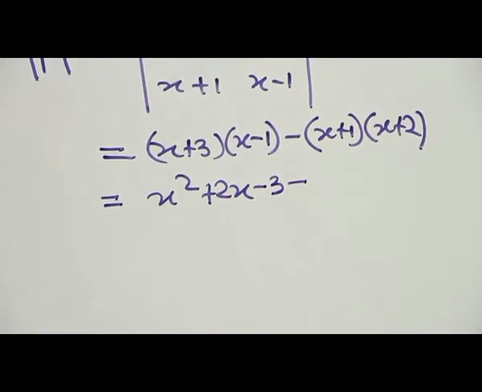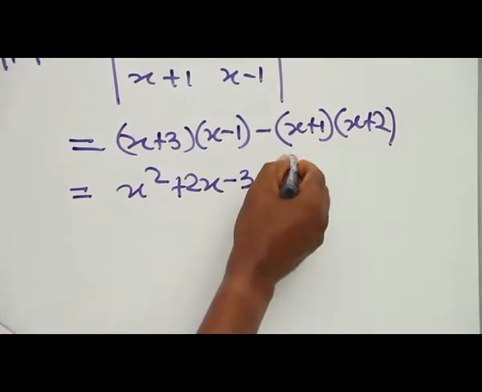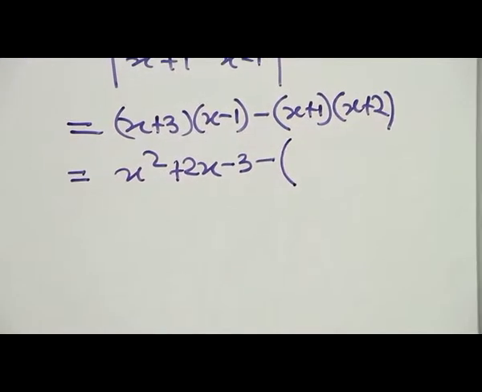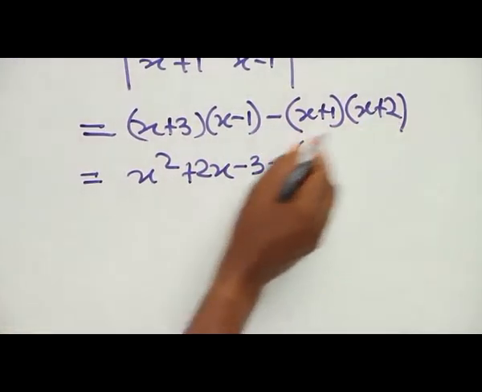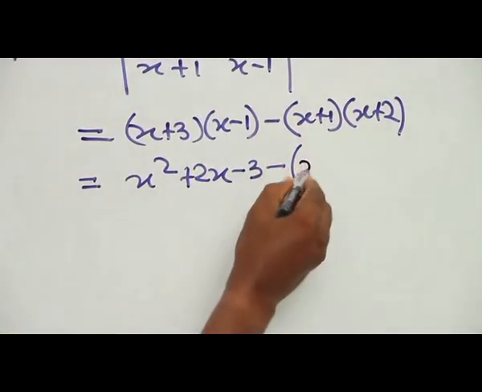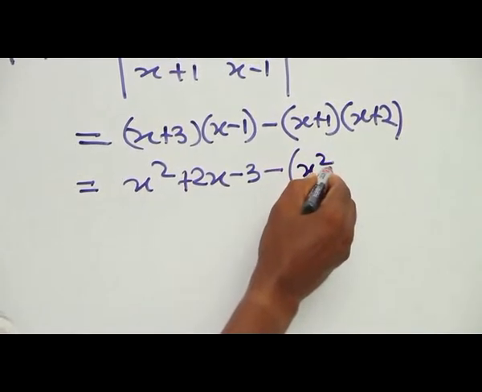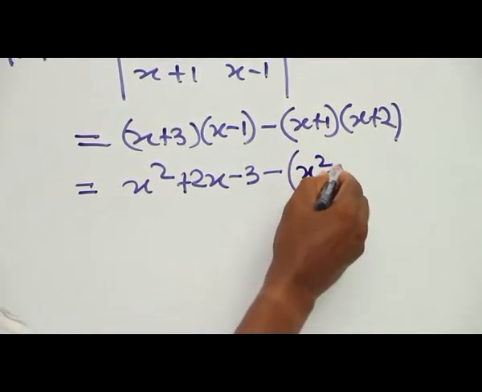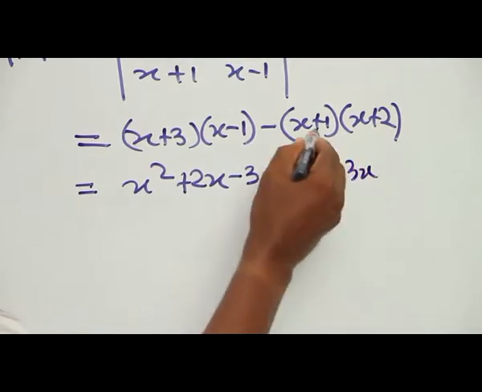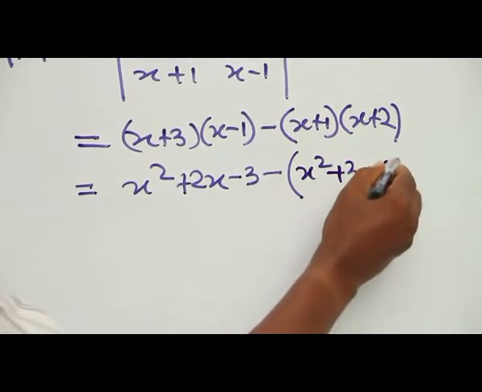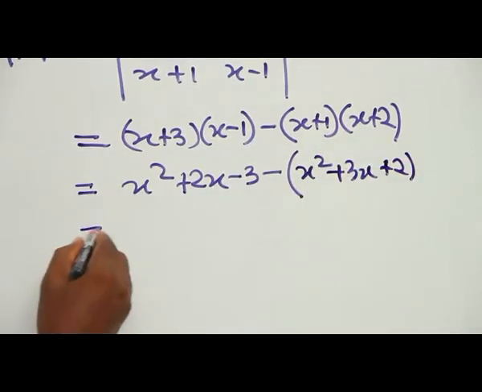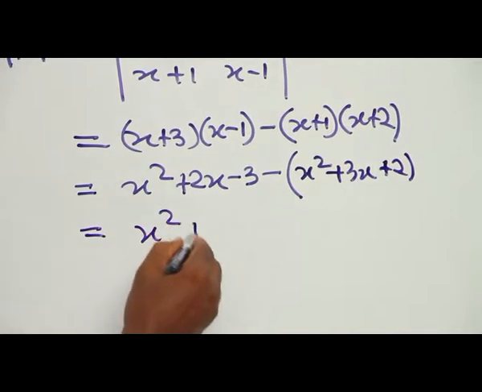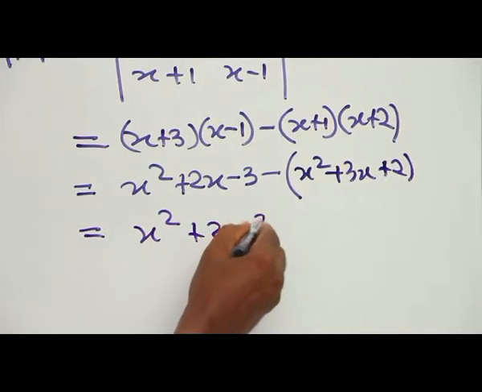Minus is there again. Because of this minus, it will be proper to open another bracket. Even though we are opening the brackets here, this becomes S squared, and that is plus 2S plus 1S is plus 3S, and 1 times 2 is plus 2. And that becomes S squared plus 2S minus 3.